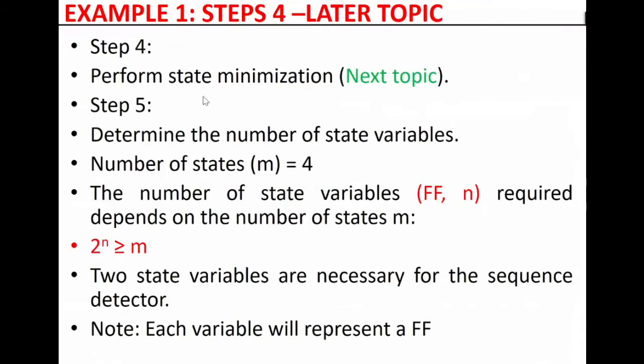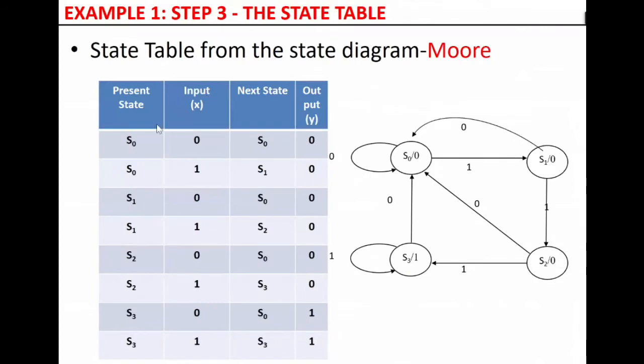Okay, now after the state table, step 4 says perform state minimization. That is optimization, making your machine smaller or cheaper. That will be a next topic. We are not dealing with that. Step 5 says determine the number of state variables. You've got how many states? 1, 2, 3, 4. State variables or flip-flops.